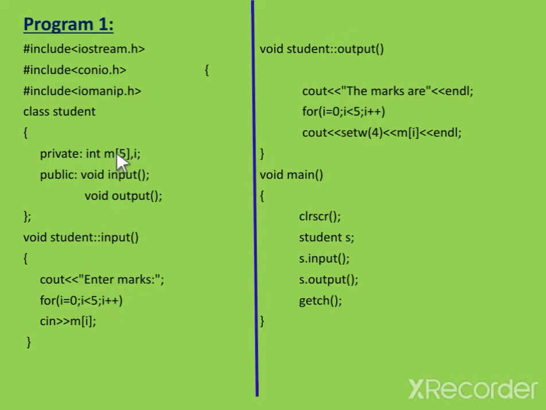So array name m can hold 5 elements. And next the for loop statement. This statement is used for executing a block of statements repeatedly until a particular condition is satisfied. Here for i is equal to 0, i less than 5, i plus plus.